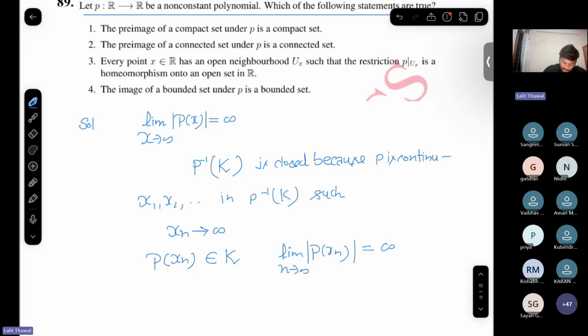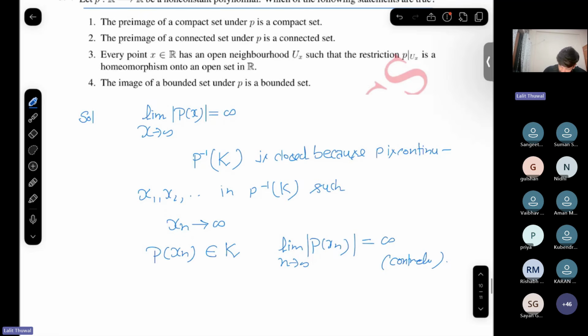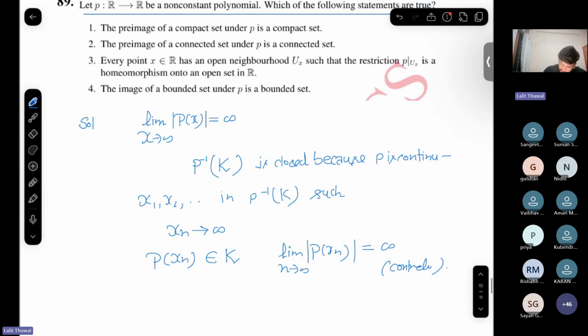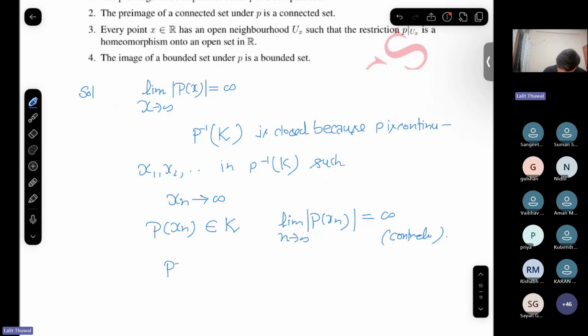Because the limit as x tends to infinity of mod P(x) is always infinity for polynomials. Which is a contradiction because K is a compact set. So P(xn) cannot satisfy this. Contradiction. So it must be bounded. Okay, no unbounded sequence is inside it. So it must be bounded. It means P inverse K is compact.